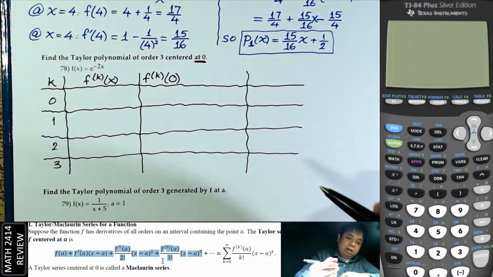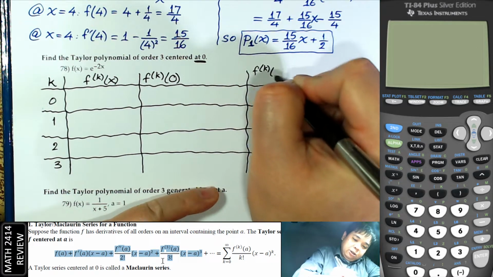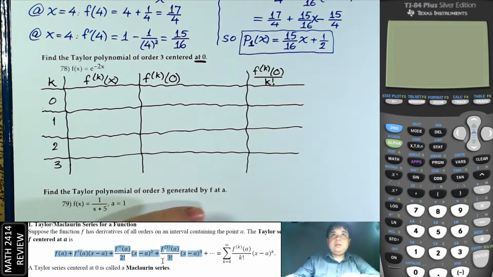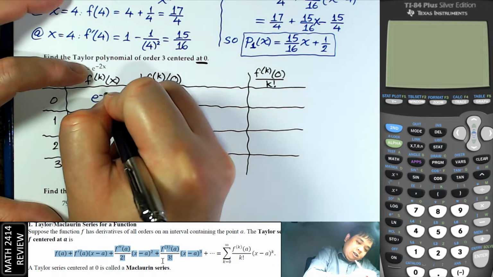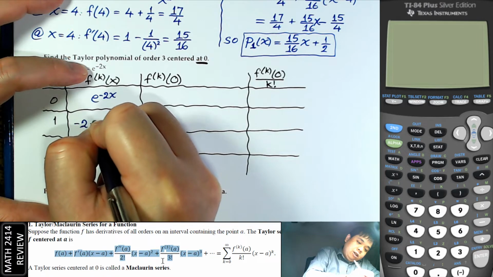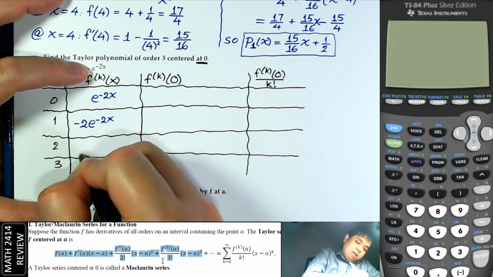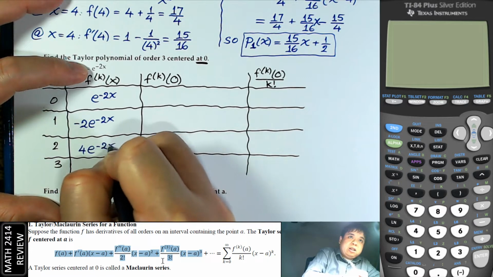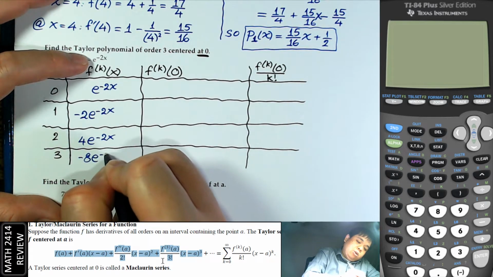And then we divide by the factorial. Right. First we have e to the negative 2x. Derivative of this is negative 2 e to the negative 2x. And the derivative of that is another negative 2, that's 4 e to the negative 2x. And another one is negative 8 e to the negative 2x.